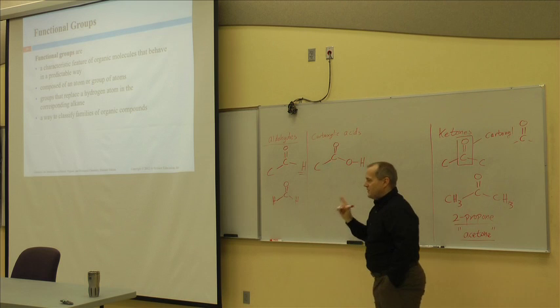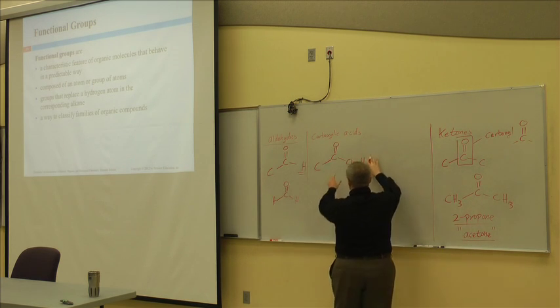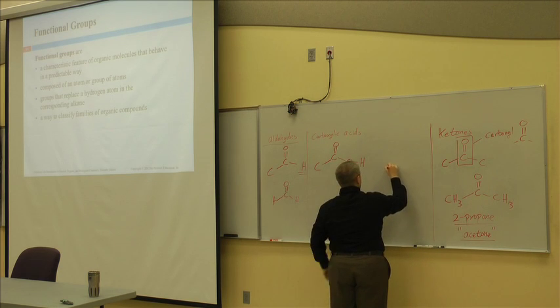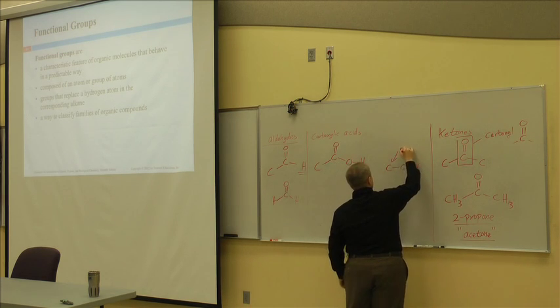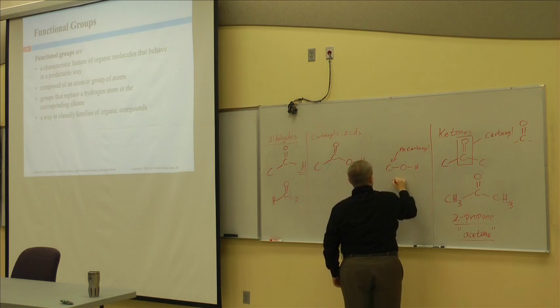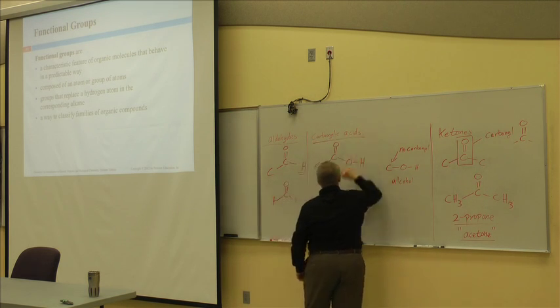So now you're tempted to call it an alcohol because it has this OH thing here, right? But alcohols are like this. No carbonyl. No carbonyl, that's an alcohol. The OH directly bonded to a carbonyl, that's called a carboxylic acid.